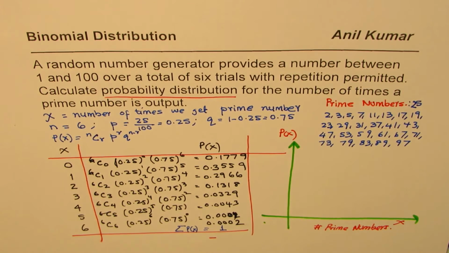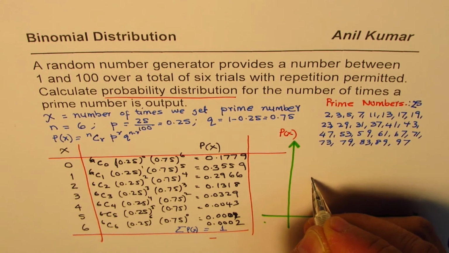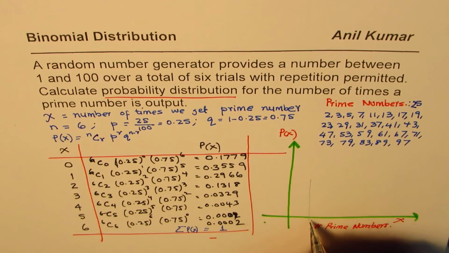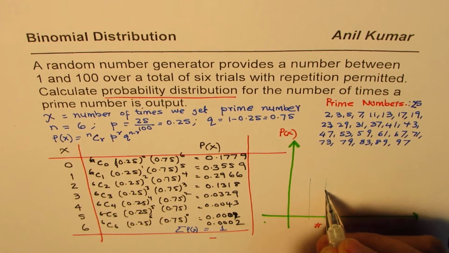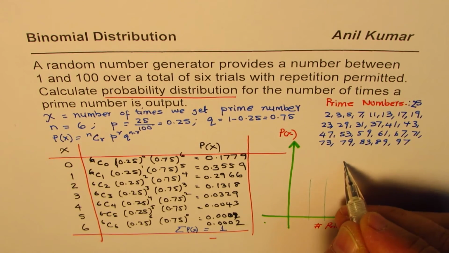Now, when we sketch these graphs, it is important that we have a width of 1 unit. So let me assume these bars which I'm sketching have a unit width.